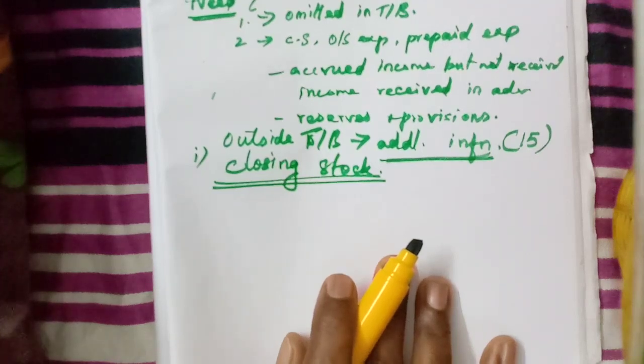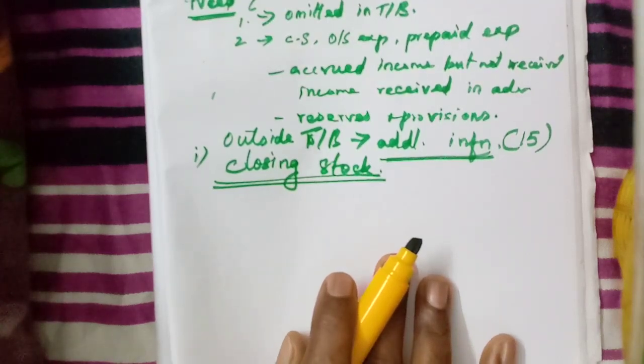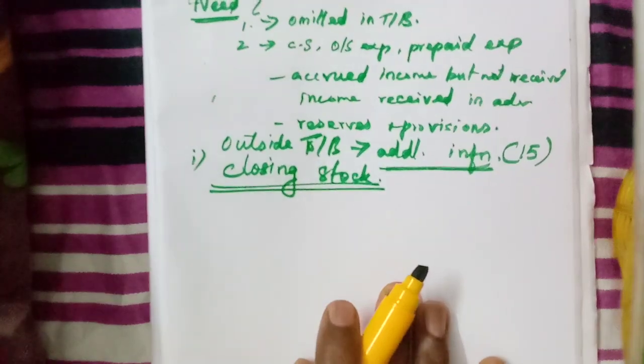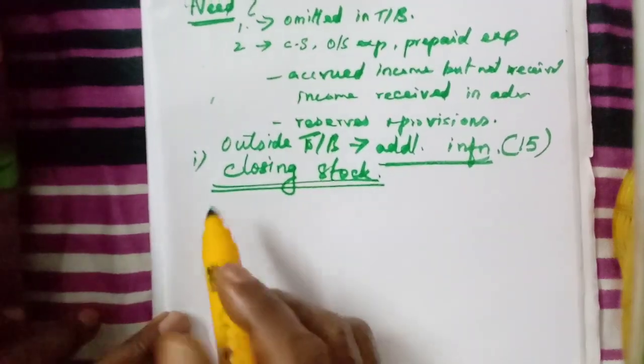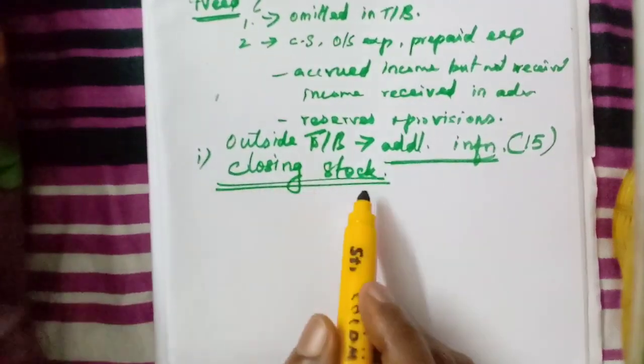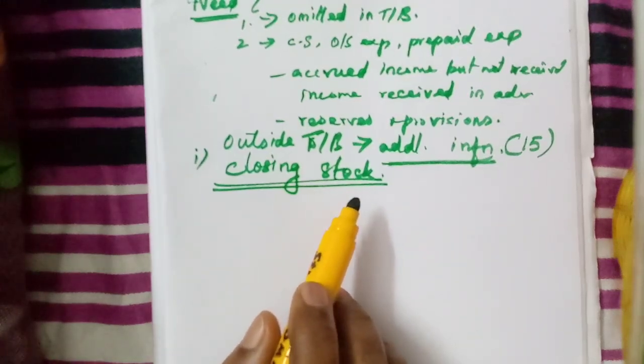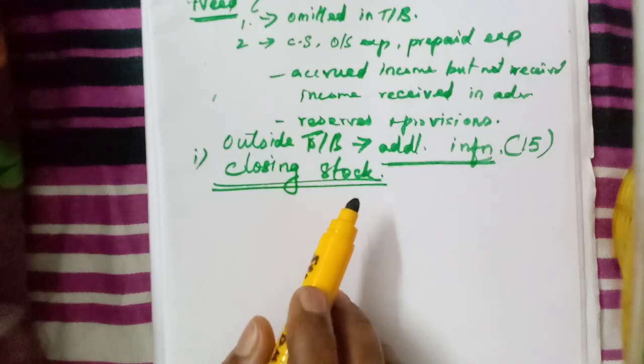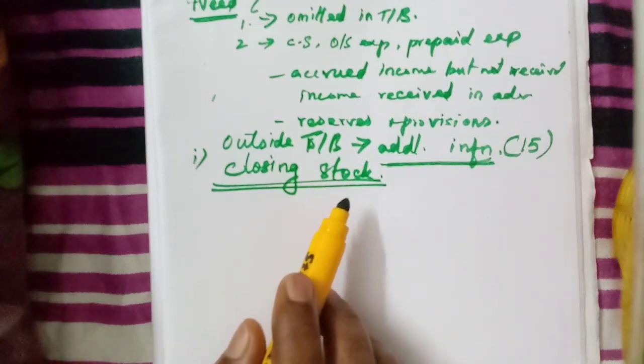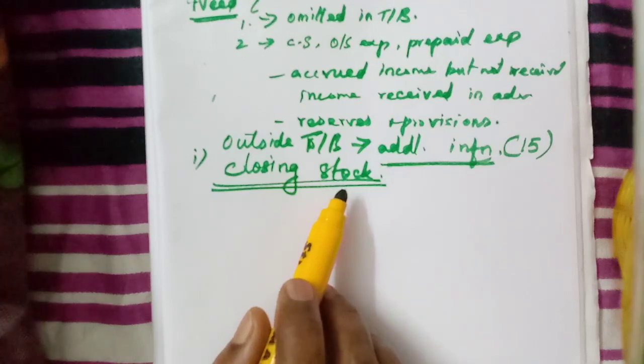Among these 15 they will ask any 3 or 4 or maybe 2, as per their wish. So for each and every adjustment you should know the first entry, then the adjusting entry, and sometimes some items have another entry, the transfer entry. At least one entry or 2 entries.